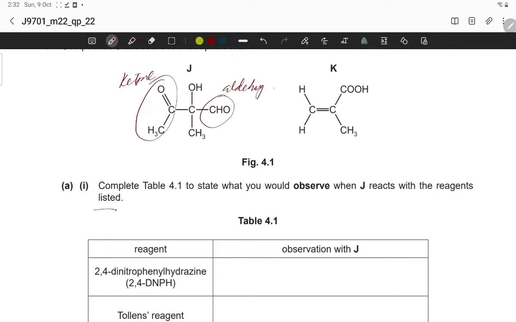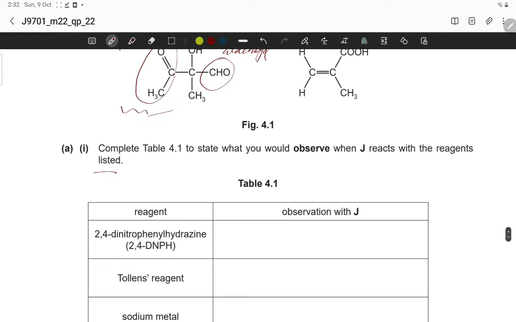So this is a carbonyl group because ketone and aldehyde both are present, and in both cases the positive test with 2,4-dinitrophenylhydrazine is an orange precipitate.